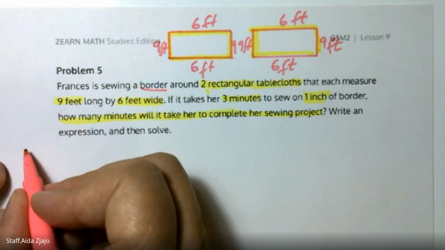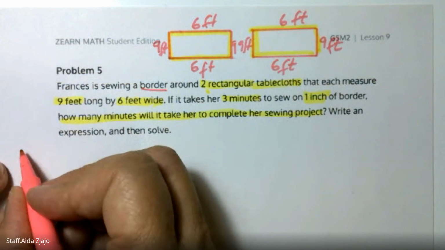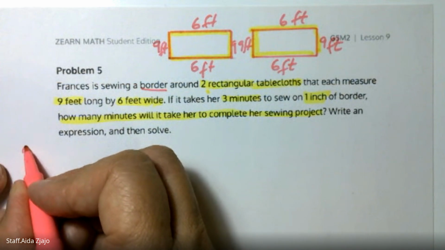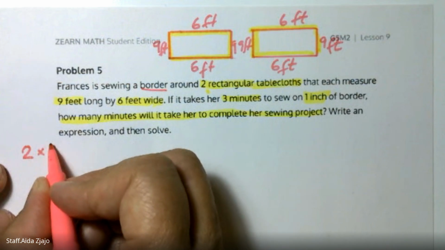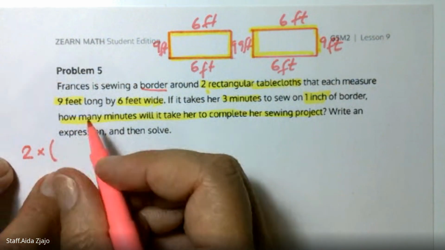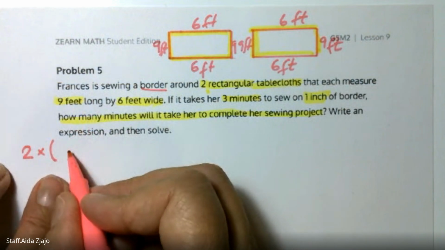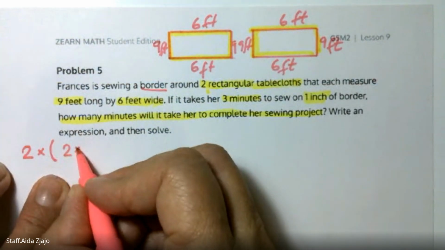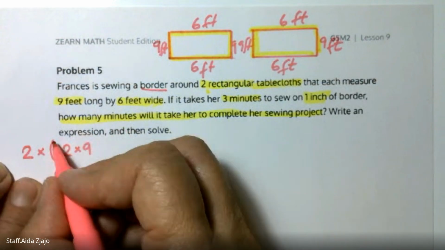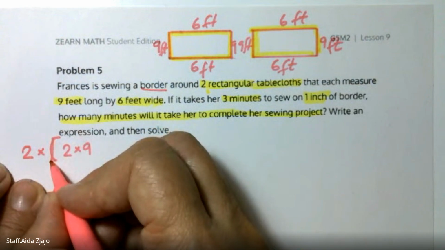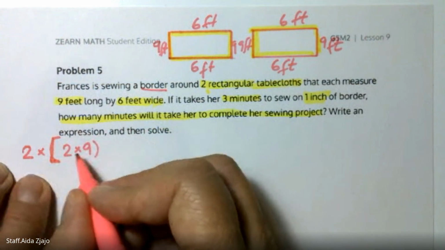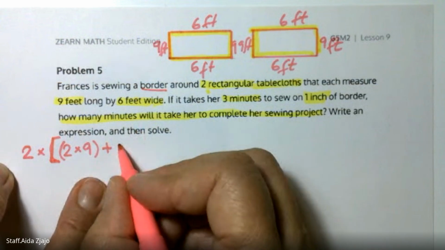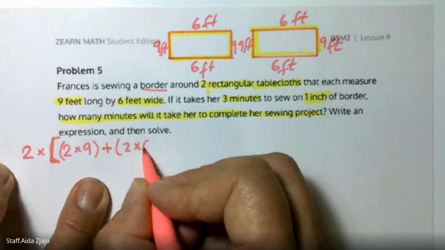So let's see how we can make the expression. It would be 2 times, now inside of parenthesis you have 2 times 9. Okay, so this would be brackets. Let's do these to be brackets, and then these could be parenthesis, plus 2 times 6.